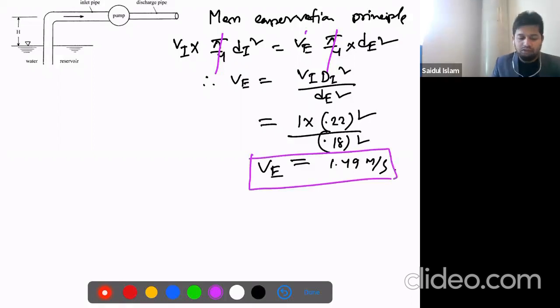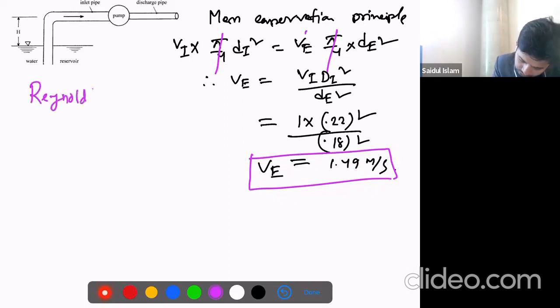Now we need the friction factor, f2. We already know the relative roughness. We just need the Reynolds number. As we know the exit velocity of the discharge pipe, we can now calculate the Reynolds number. Yes, we can get it now.